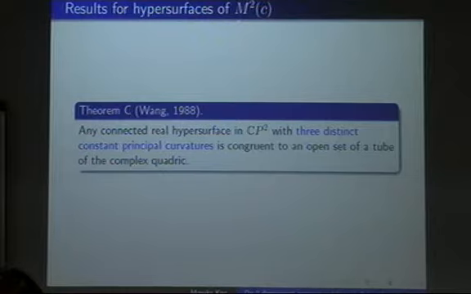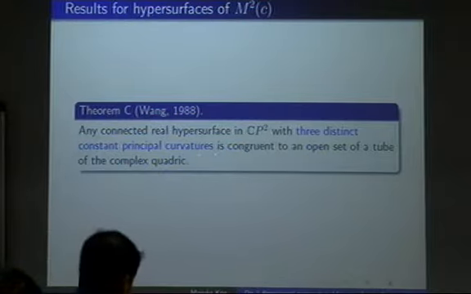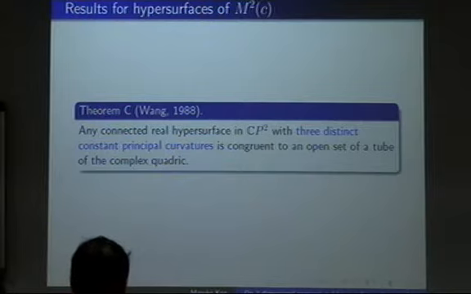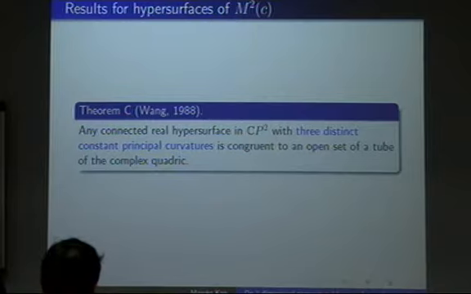These are the early results. First, any connected real hypersurface in two-dimensional complex projective space with three distinct constant principal curvatures, that is the eigenvalues of the shape operator, is congruent to an open set of a tube around the complex quadric.